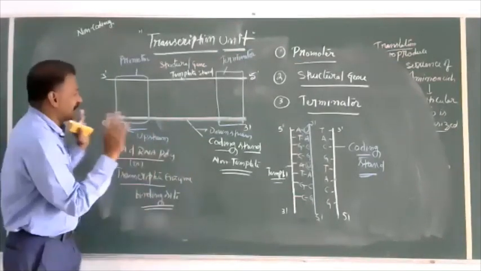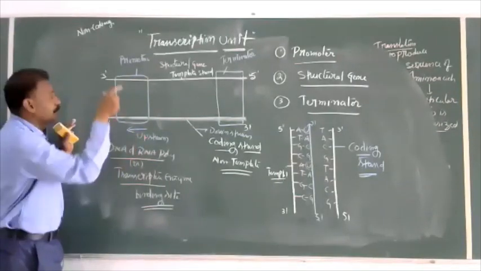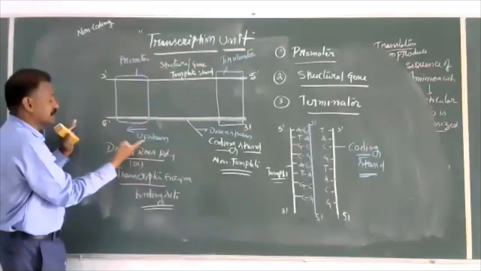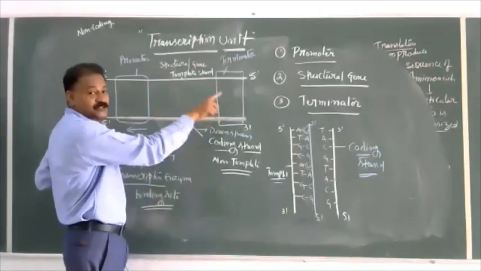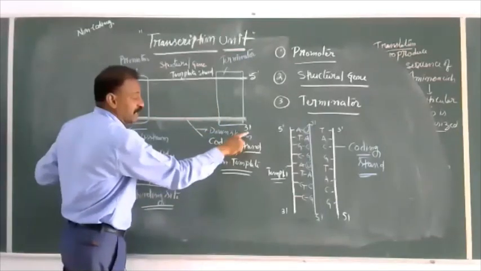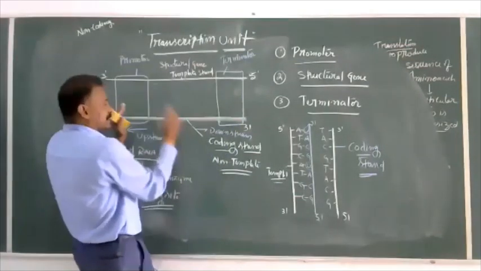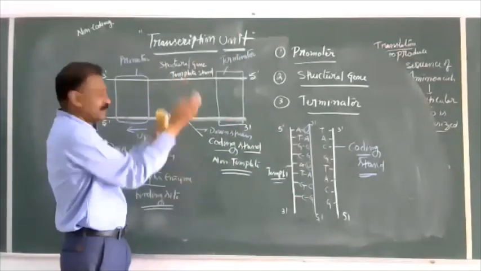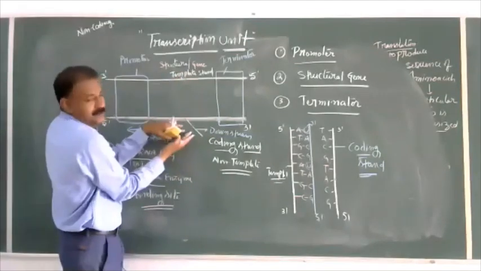So in a normal transcription unit, what is the location of the promoter? Promoter is located towards the upstream 5' end of the coding strand, whereas the terminator is located downstream at the 3' end of the coding strand. If we change these, the two are also reversed. Reversed means coding strand will be this one and template strand will be this one.